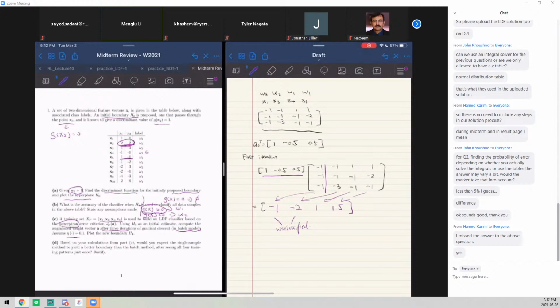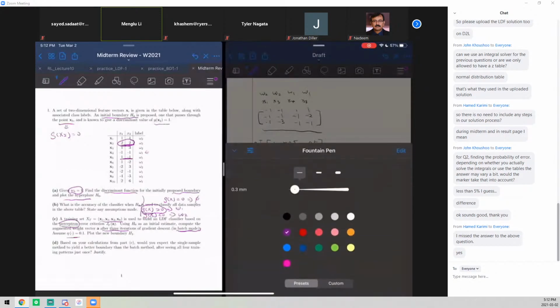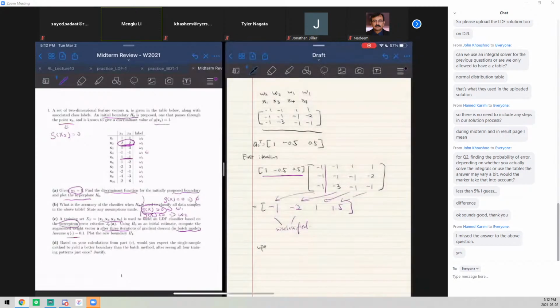We know the update rule. The update rule for the weight vector: K is the iteration, A is the vector. We should say W, but here we use A. And this one is the learning rate.